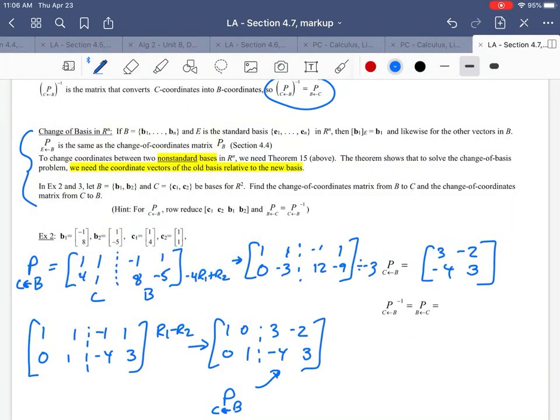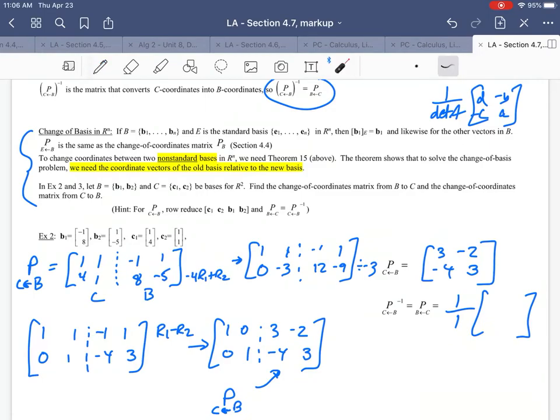To do that, this is just a 2 by 2 matrix, so why don't we just do 1 over the determinant. Remember, you do 1 over the determinant, and then you switch these two, so you have D then A, and then you make the other two negative, so -B and -C. So my determinant would be 9 minus 8, so that'd be 1.